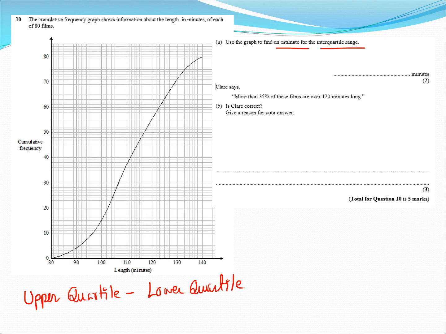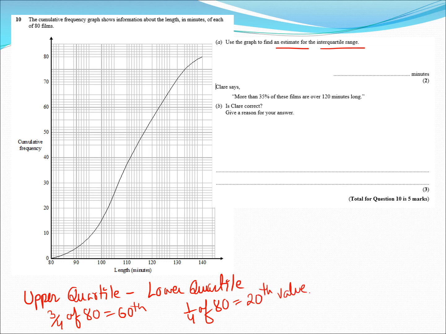The upper quartile is 3/4 of 80, which is the 60th value, and the lower quartile is 1/4 of 80, which is the 20th value.